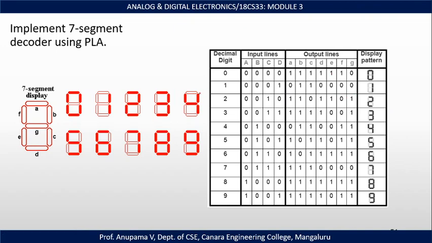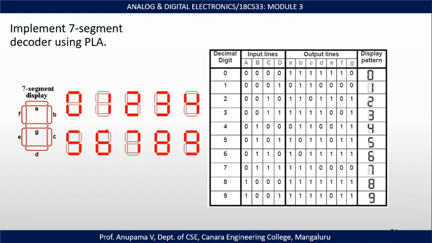The BCD number 4 is represented in this format where LED A, E and D are 0 and all other LEDs will glow, which is represented by 1. Next, BCD 5 is represented in this format, that is LED B and E is off, that is they are set to 0 at the output column, other output lines are set to 1.